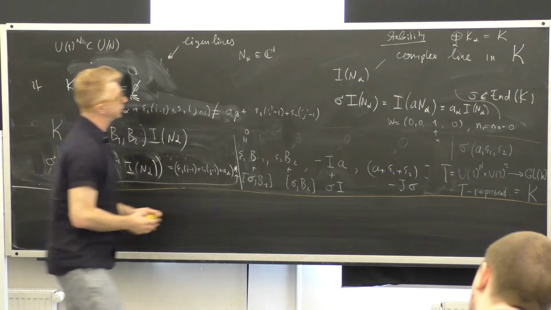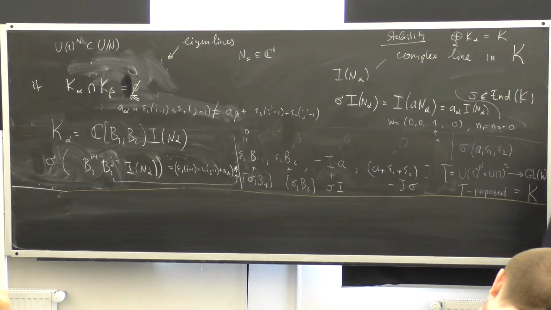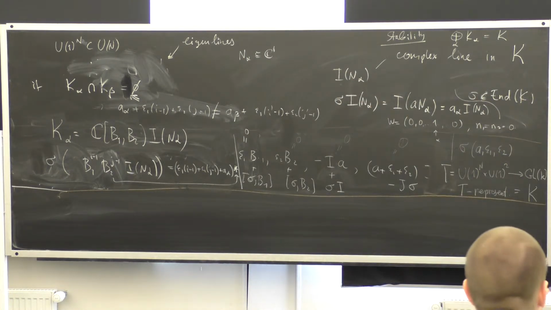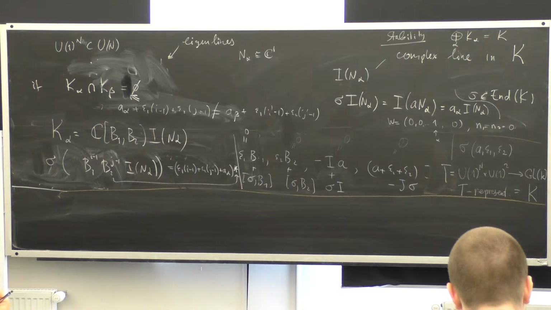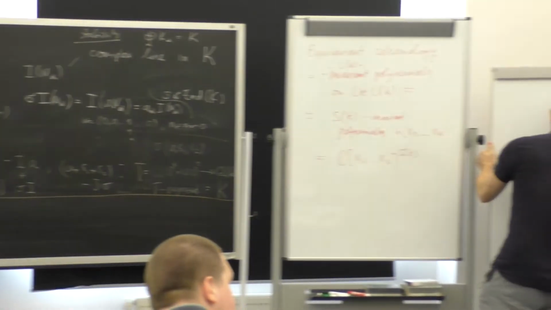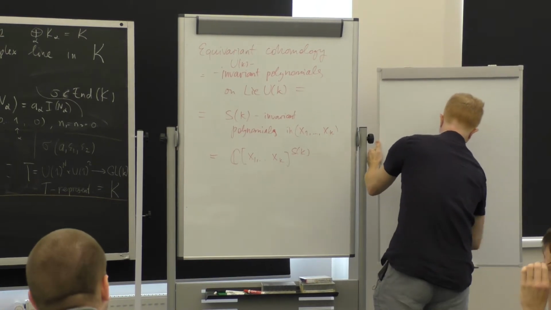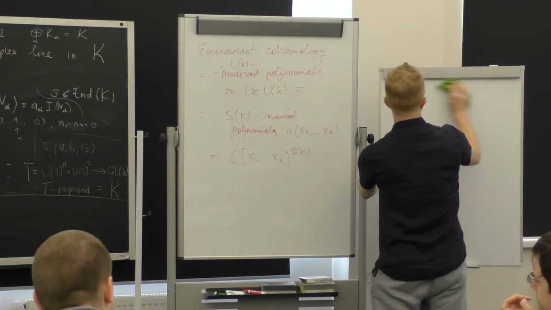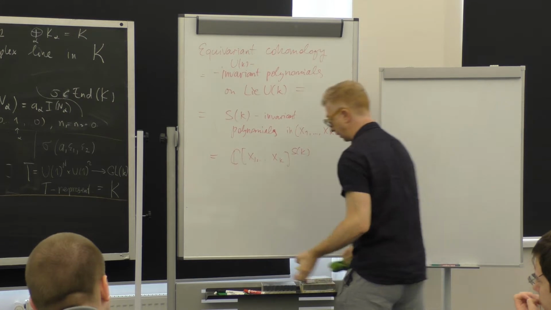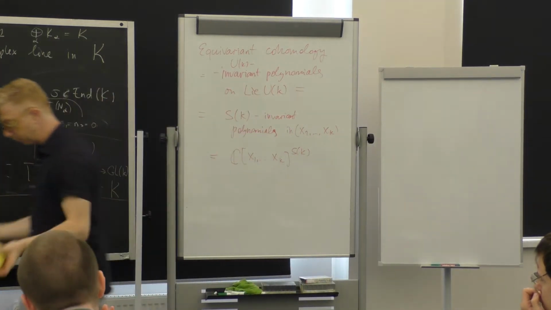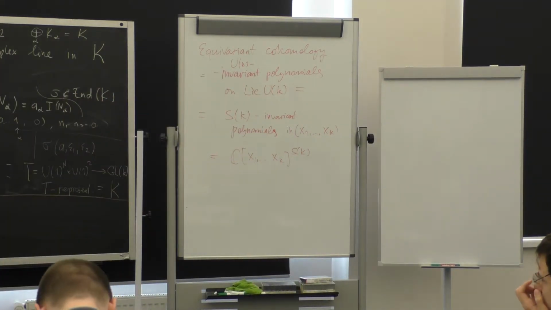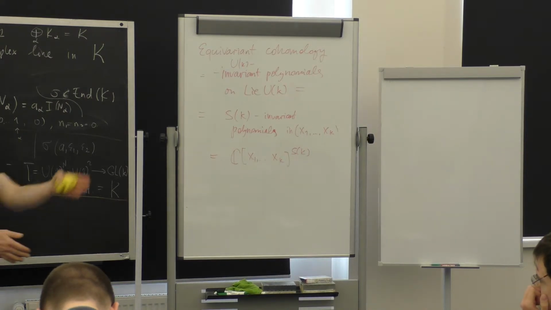It's a statement that you've heard at the lectures by Andre, that the fixed points of the framing torus on the quiver variety is a product of the quiver varieties for which the framing spaces are one-dimensional.